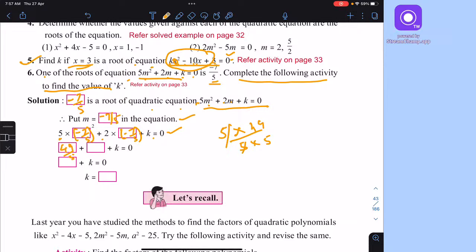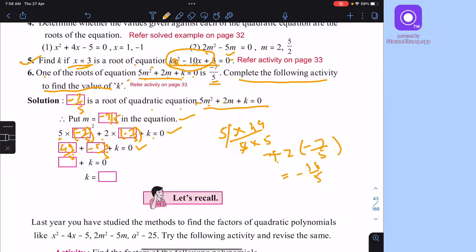Plus 2 into, second term is plus 2 multiplied by minus 7 upon 5. So plus and minus product is minus. 2 7s are 14 upon 5. So this becomes minus 14 upon 5 plus k is equal to 0. Also, minus into minus is plus, 7 7s are 49 upon 5 square, and 5 into 5 cancels one 5, so this is 49 upon 5.